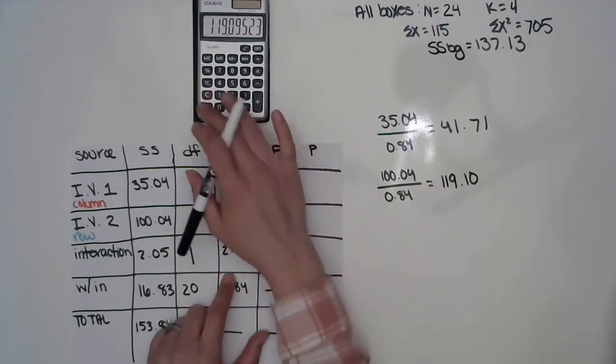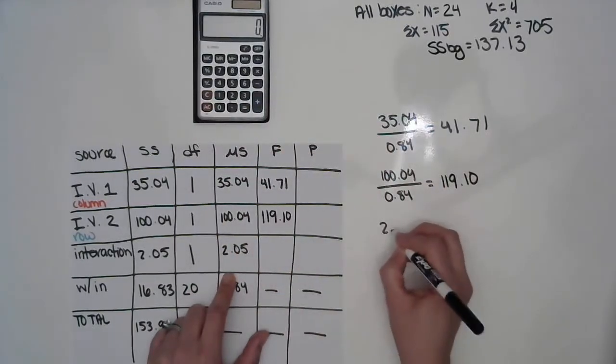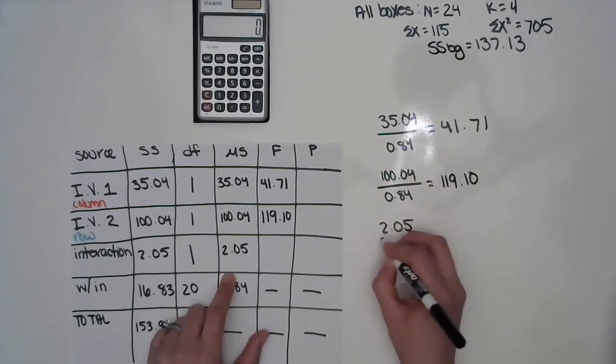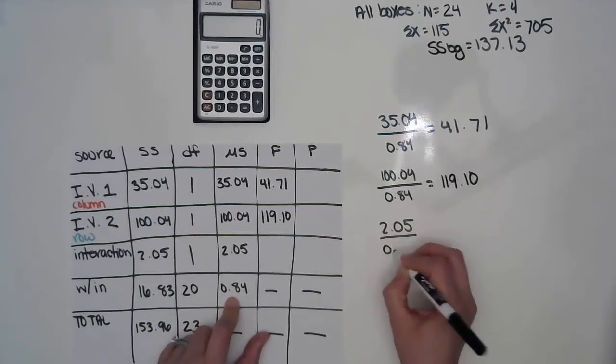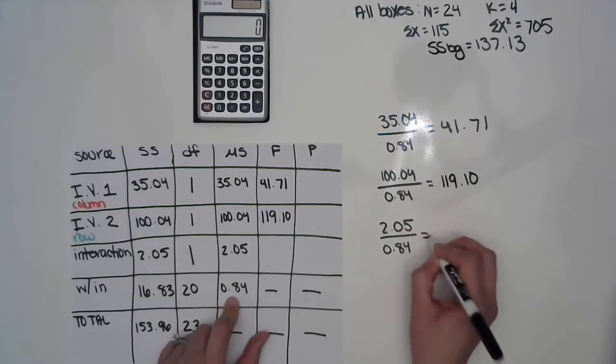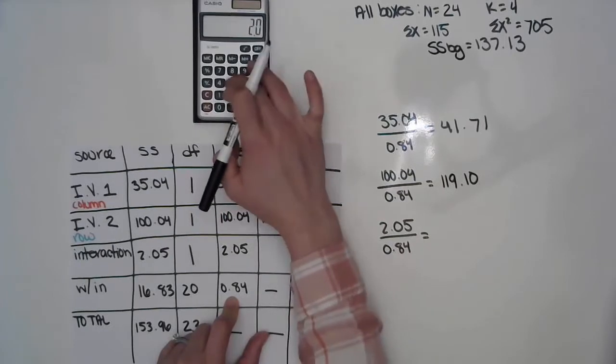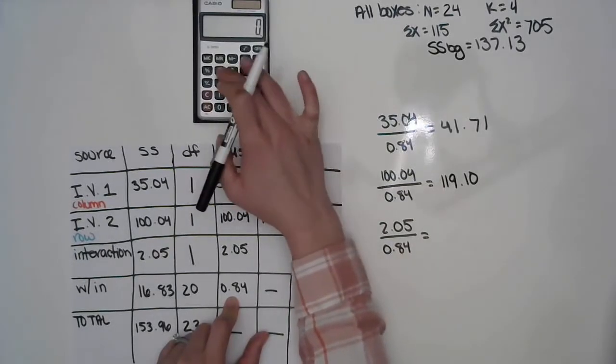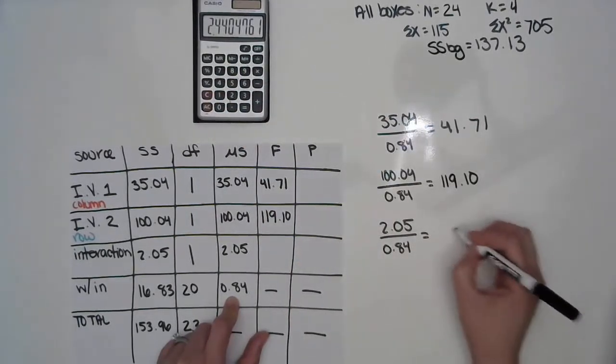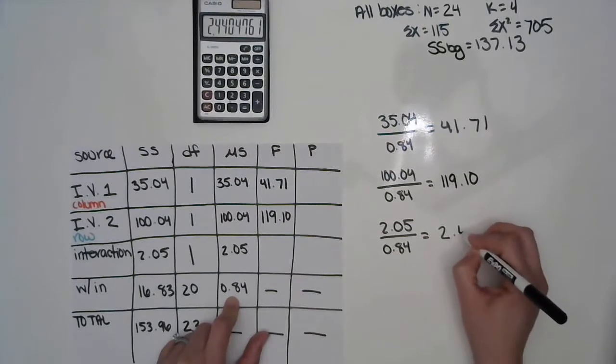And then we're going to do the same thing for the last one. We're going to take 2.05 and divide that by 0.84, and that's going to give us 2.44.